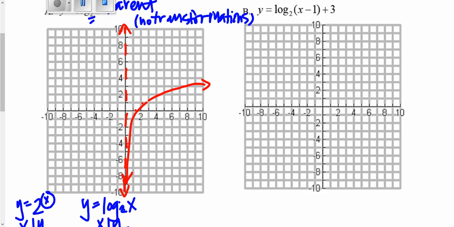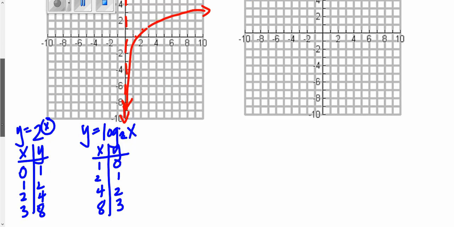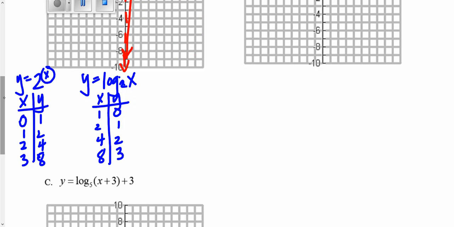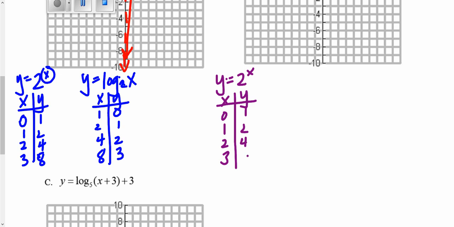Starting with log base 2, whatever log base you're in, your first table is going to be y equals that base to the x. So y equals 2 to the x, and we can look over here to the left-hand side. We made this table already: 0, 1, 2, 3, since it's growth, and 1, 2, 4, 8.